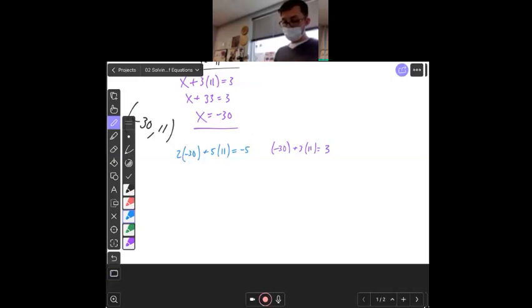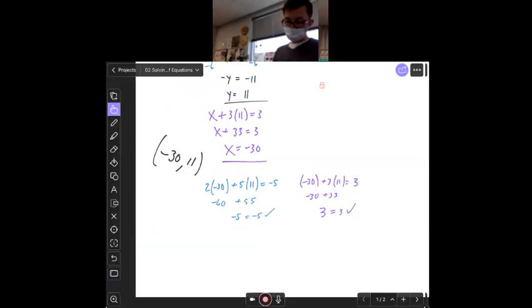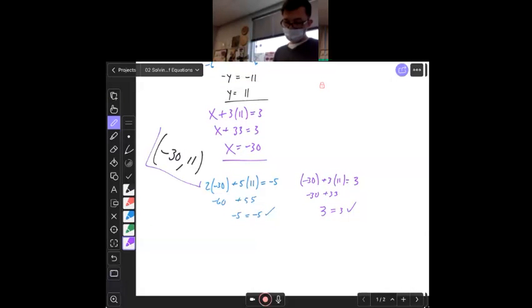You don't move anything across the equal sign. So it's -60 plus 55. -60 plus 55 is -5. Works there. It's -30 plus 33, which is 3. 3 equals 3. So it worked in both equations.